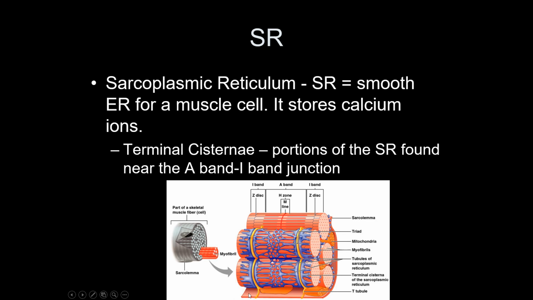So the sarcolemma of a skeletal muscle cell actually gets these little infolding tubes that go deep into the muscle cell, and next to those we get these sacs of smooth ER that sit right next to that tube. So a terminal cisterna is a sac of sarcoplasmic reticulum that sits right next to something that's going to be called the T-tubule.